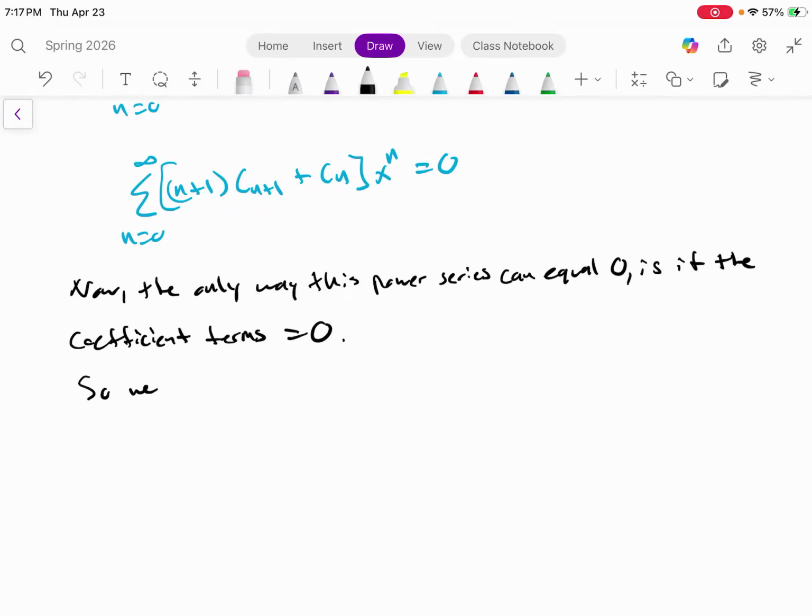So we set the coefficient terms equal to zero. So we said n plus 1 times c sub n plus 1 plus c sub n equals 0.